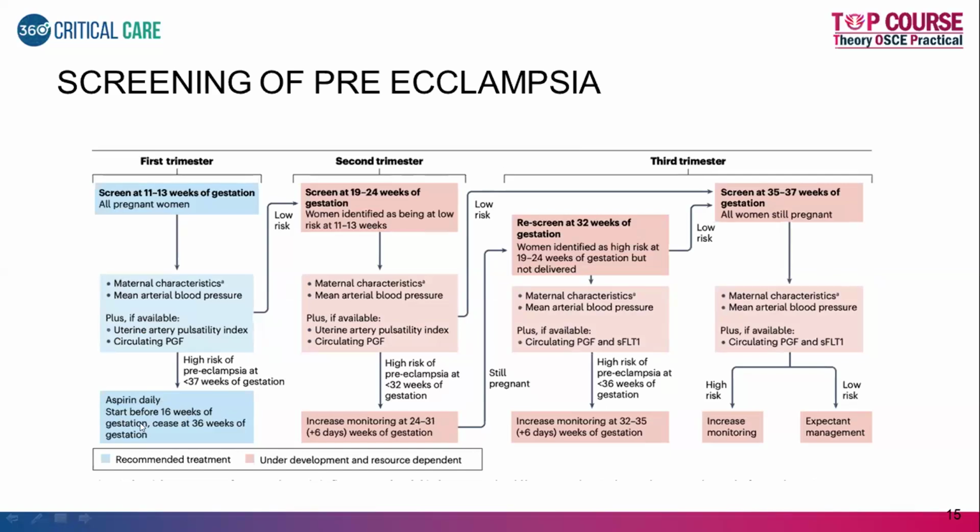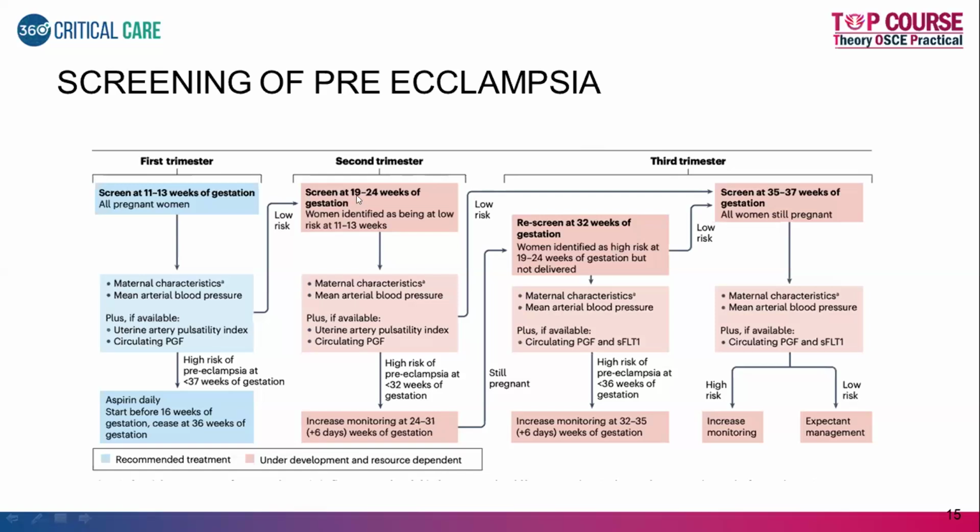Start before 16 weeks of gestation and you stop at 36 weeks of gestation. So this is the recommended treatment. Blue color is the recommended treatment if you diagnose patient in the first trimester. And all the other pink ones are under development and resource dependent.